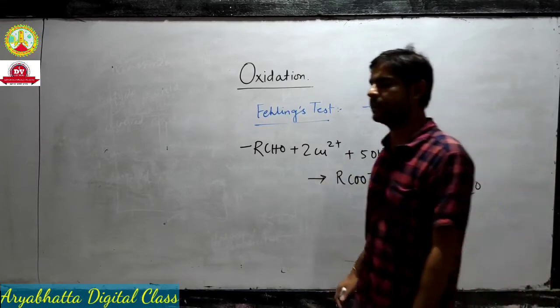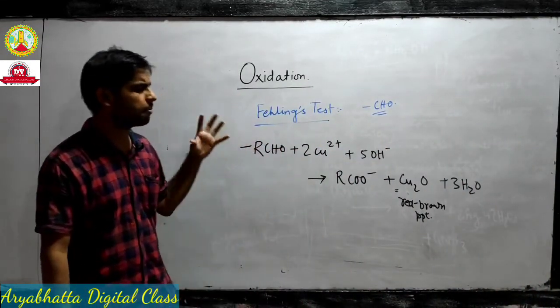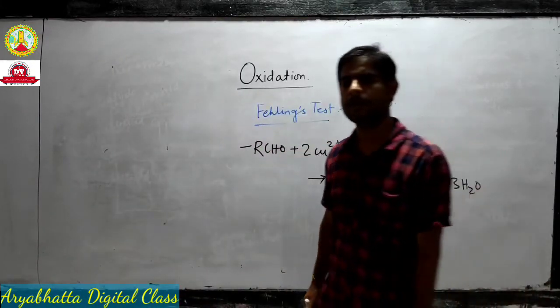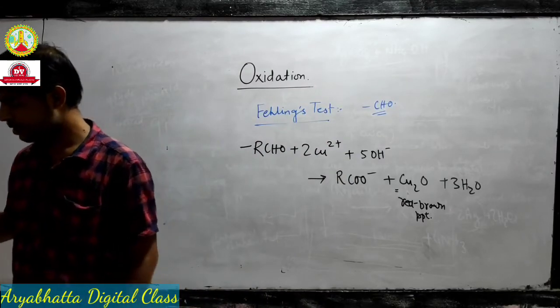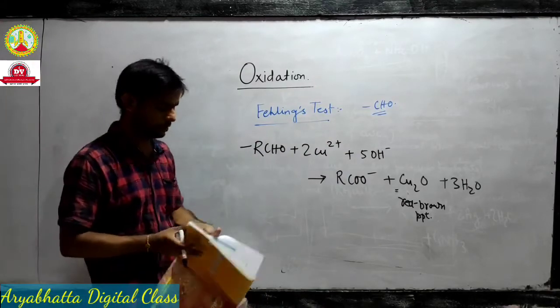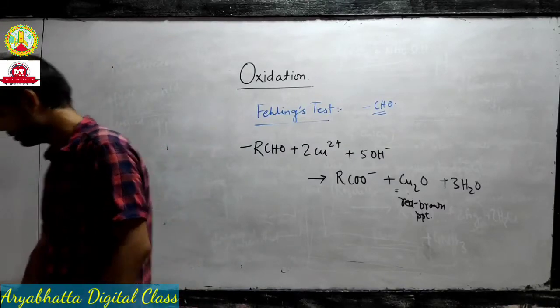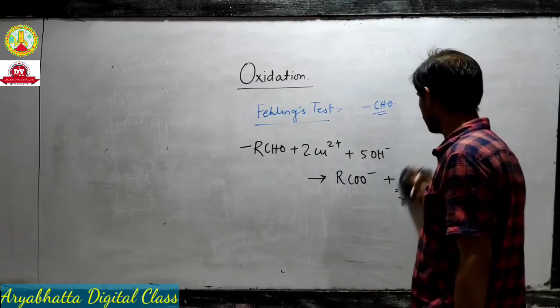Tollens reagent and Fehling's reagent are not very strong oxidizing agents, they're mild oxidizing agents. So that's why they can oxidize aldehyde and not ketone. So this is our Fehling's test. Then we have one more test.